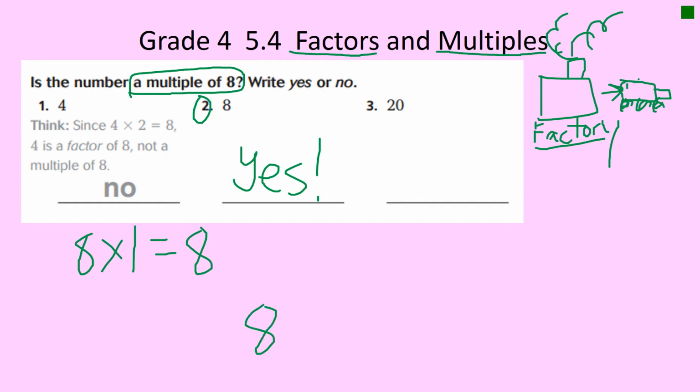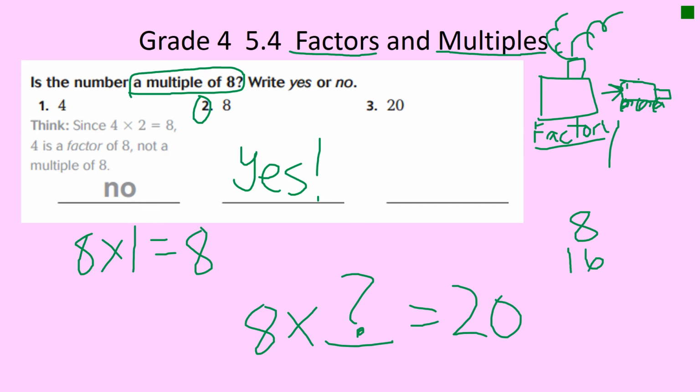Can I do 8 times something and get 20? Well, if you don't know off the top of your head, just write your 8s. 8, 16, 3 sets of 8 is 24. Oh, and look at that. We hopped right over 20. So, no to you.